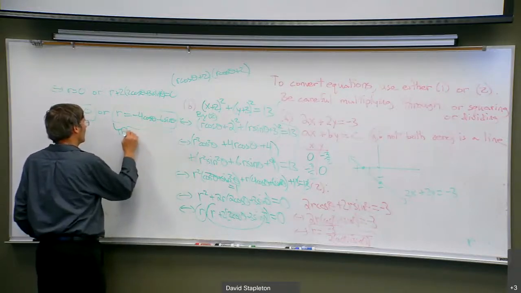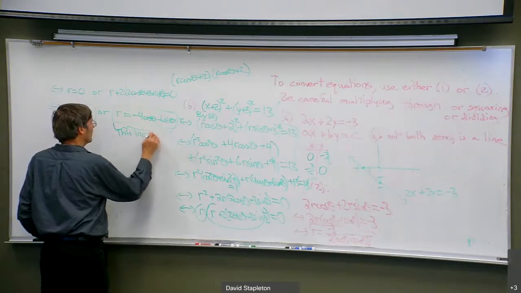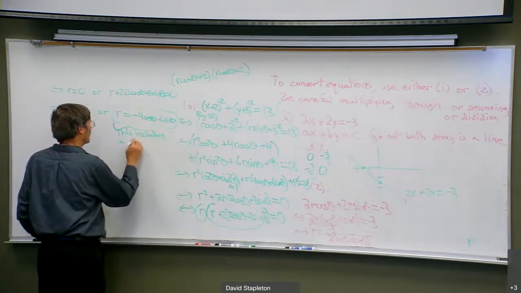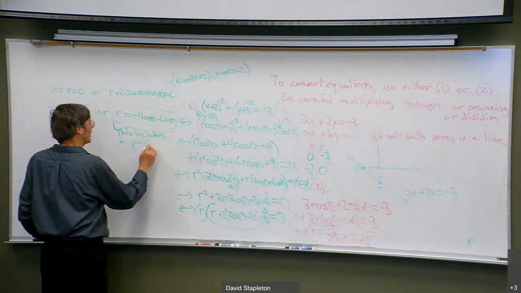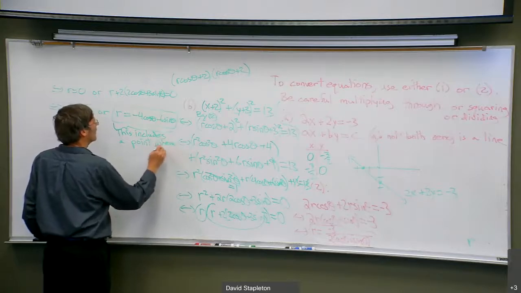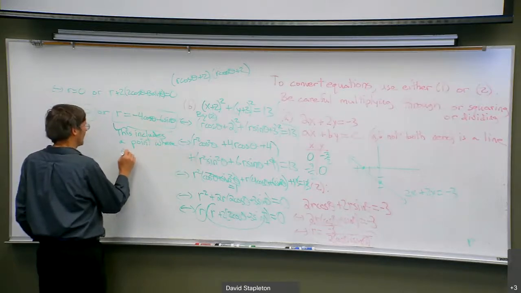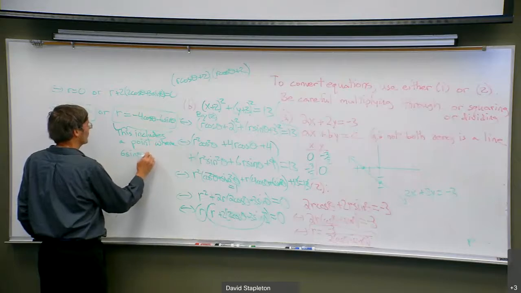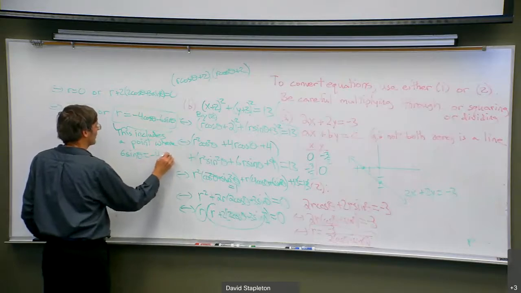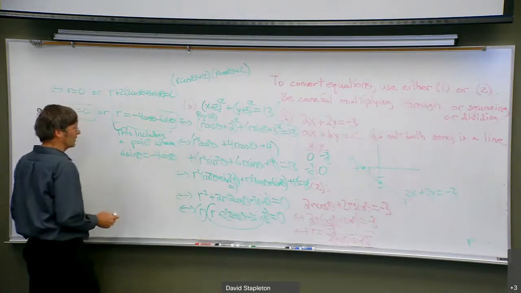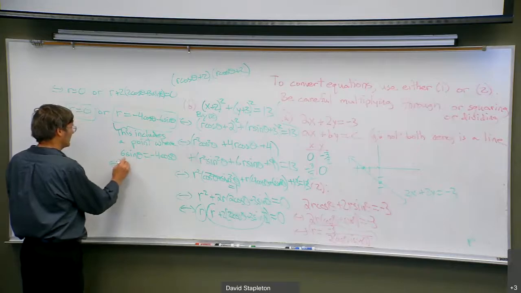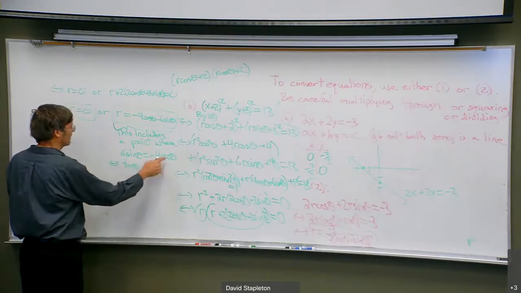This includes the point where 6 sine theta equals minus 4 cosine theta. It's the point where tangent theta is minus 2/3.